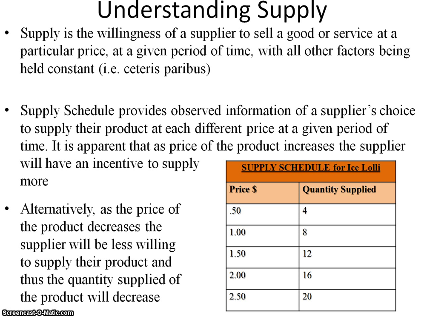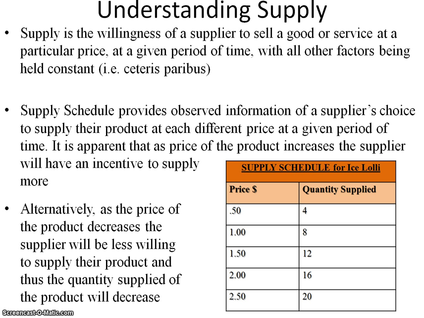Let's say as a plumber, you would only leave the comfort of your bed when the price that somebody is willing to pay you is high enough. So if the price is high, you would supply your services. However, if the price that they're willing to pay for your services is low, then you will not supply your services, or you won't supply as much.